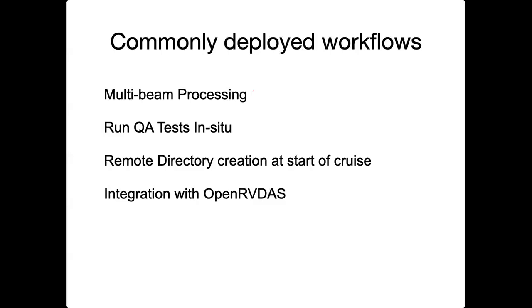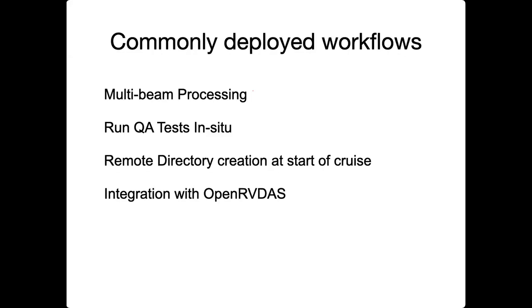Running QA tests, file level QA tests in situ. This is another way. This uses that plugin architecture that I mentioned earlier. And I heard R2R mentioned earlier as well. R2R has a navigation QA utility. I'm drawing a blank as to what it's called. It might be R2R Nav Manager.